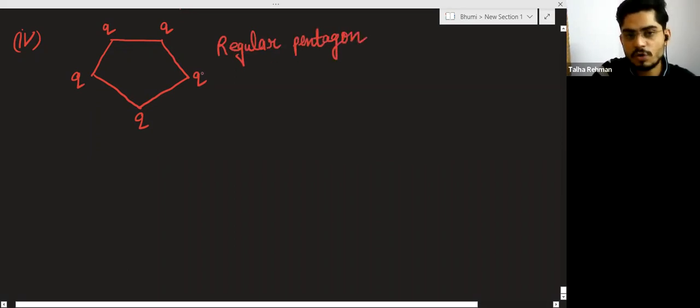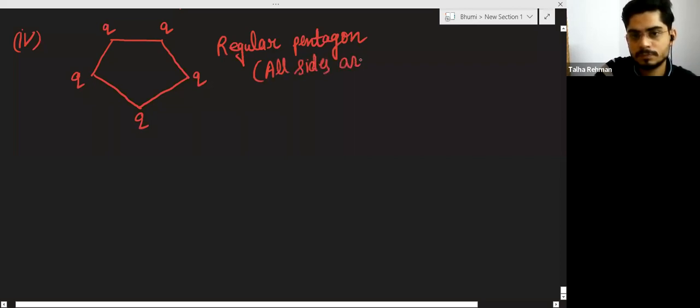Regular pentagon means all sides are equal, and this is a symmetrical system. Take a knife and cut it from here. You will get two similar parts. And if you find the electric field here at the center of this system, you will get 0.